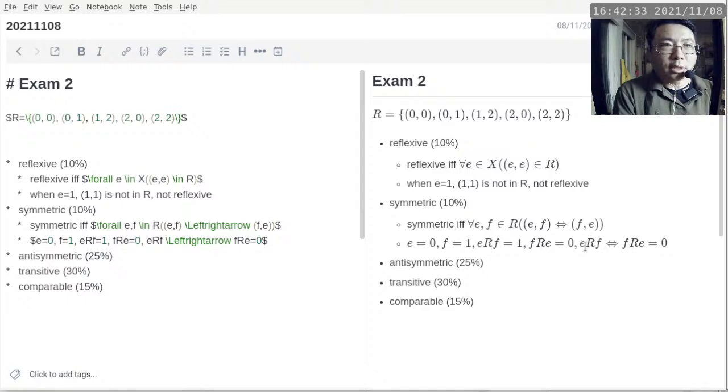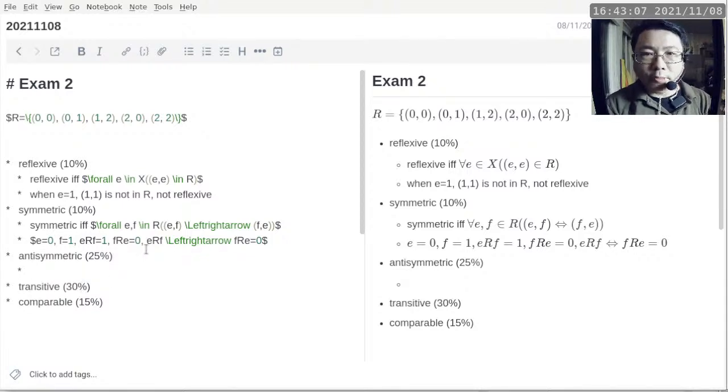The whole idea of why R in this case is not symmetric is because 0, 1 is here, but 1, 0 is not in here, but it ties into the if and only if of the original definition. So the if and only if has to be part of the explanation. Is that okay? Does everybody understand the requirement here? Maybe. Okay, cool.